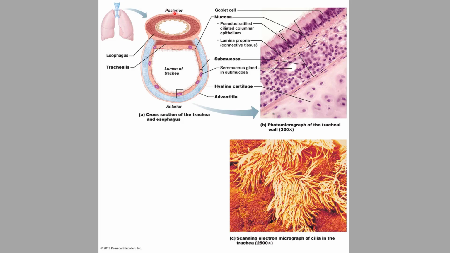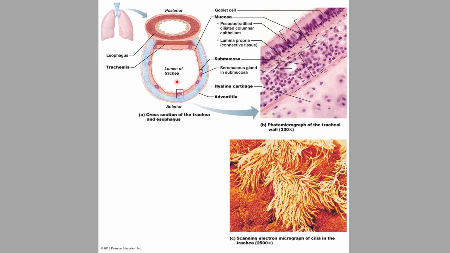Right behind it is the esophagus. So when we look down, we can see that the esophagus is posterior to or behind the trachea. So food goes towards the back, air goes towards the front is one way to think about it.